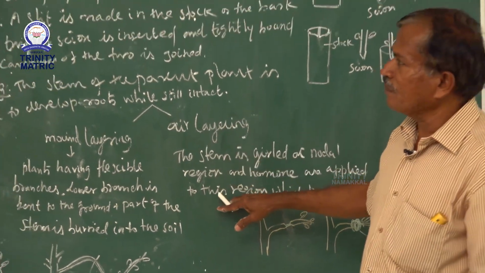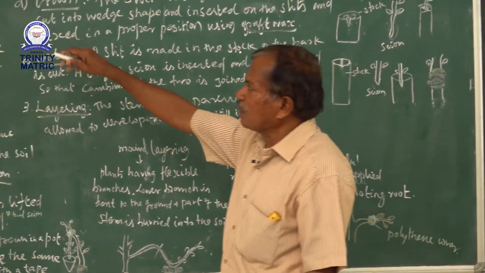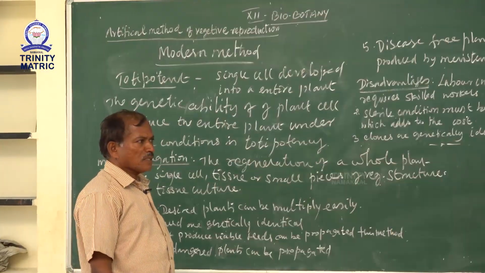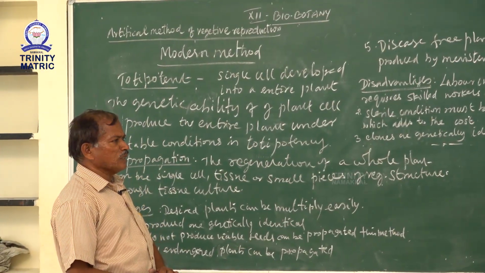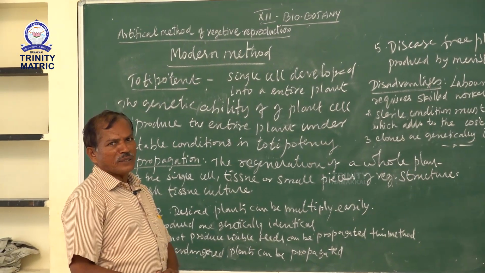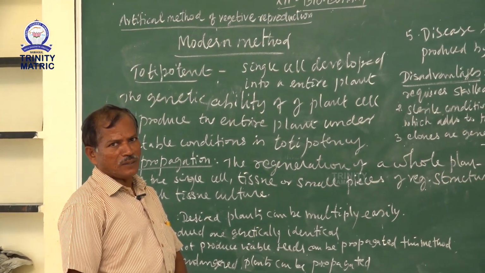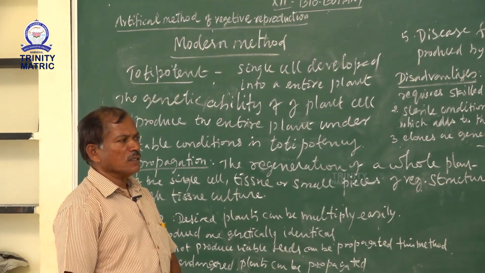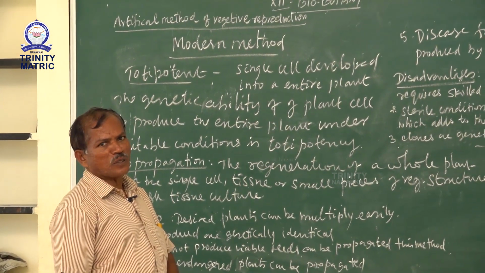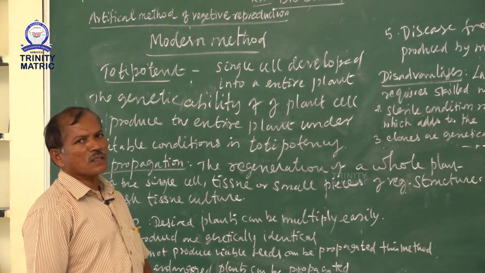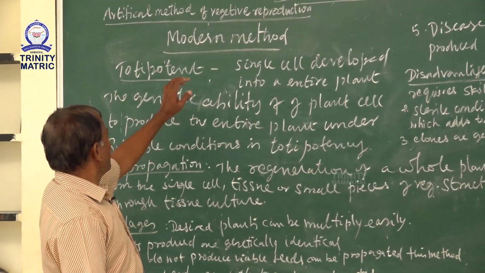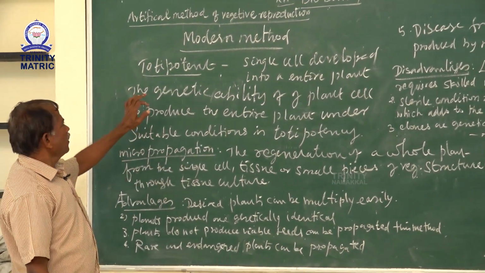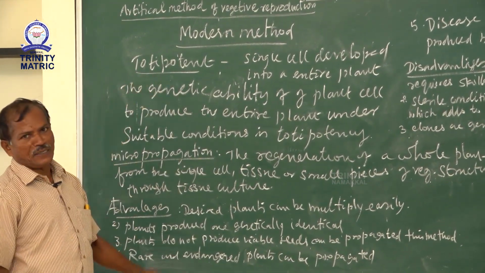So next we will see the modern method of vegetative reproduction. Nowadays biotechnologists and genetic engineers use tissue culture, and we are producing a large number of plants. So this is a modern method of vegetative reproduction. This method works through a property called totipotency.